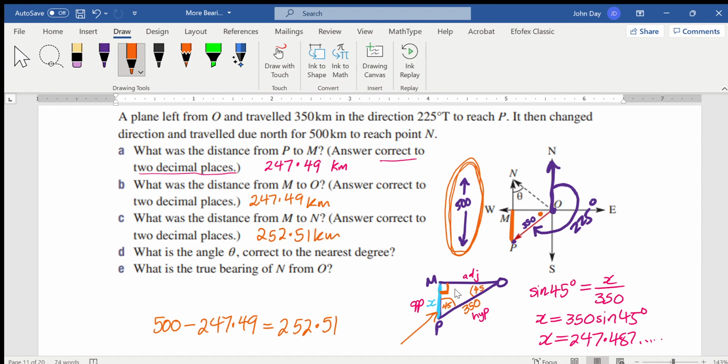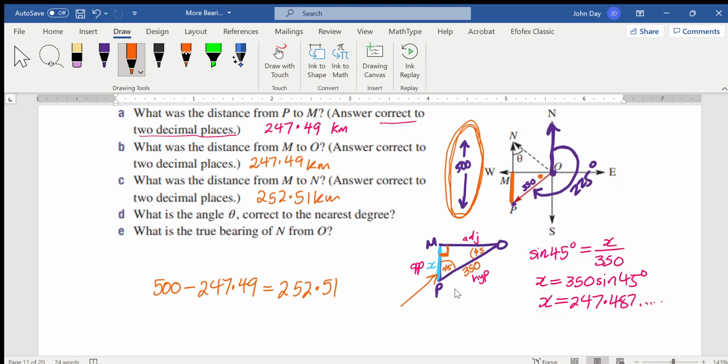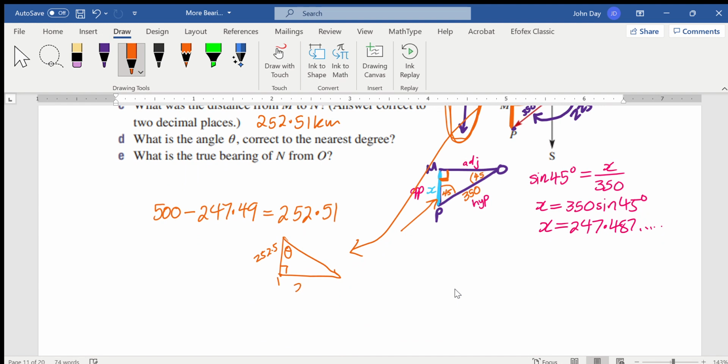All right, now we need to find the angle theta that's up in the top of that diagram. Now you could, because you know the two distances in that triangle there that we're going to peel off, just use normal right angle trigonometry. So I'll draw a little picture of that triangle down here. There's the angle we're trying to find, theta. We've worked out that that's 252.51. We've already worked out that that's 247.49. So we're going to do tan on this, because if we label this triangle, that's the opposite, and that's the adjacent.